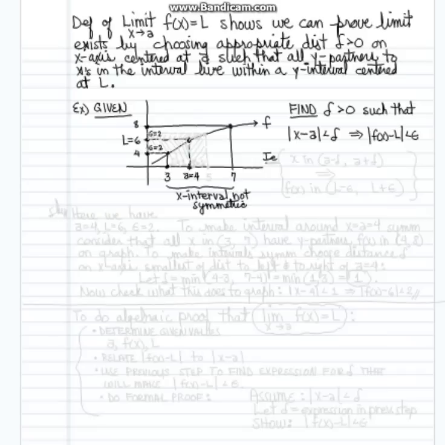Well, another way of stating this would be to say that x is in the open interval from a minus delta to a plus delta implies that the y partner f of x is in the open interval from L minus epsilon to L plus epsilon. That's exactly what those absolute values are saying.